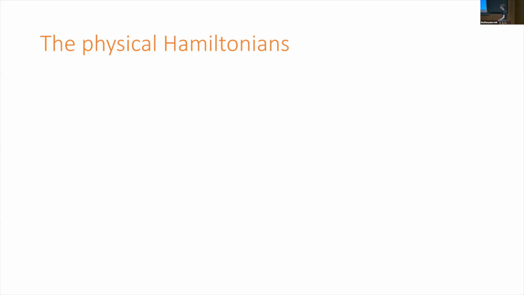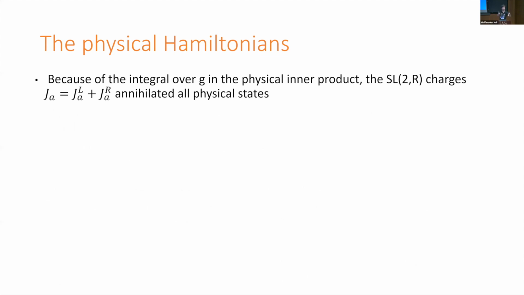We now want to find what the physical Hamiltonians are in terms of this degree of freedom chi. The way we do that is to note that because we have this integral over G in the physical inner product, the SL2R charges, which are the sum of the action on the left boundary particle and the right boundary particle, should annihilate all physical states.